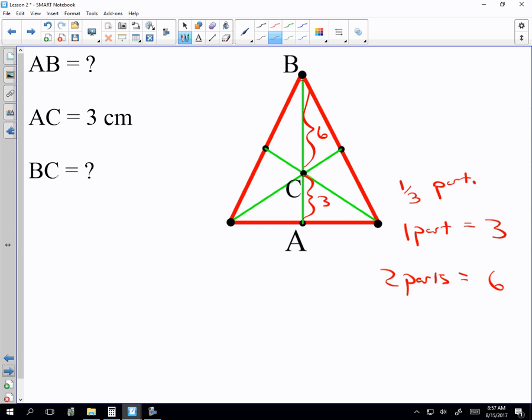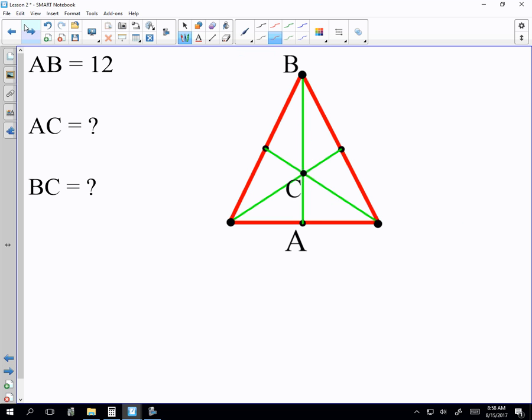So let's fill in BC is 6 centimeters. And then AB, we now have the pieces that we need, and we can just add those pieces together to know that the full length is 9 centimeters, which makes sense because the full length is 3 parts of that length. So we have the full 3 parts, the 1 part for the short side, and the 2 parts for the long side. So you really want to think about how these values work together overall.